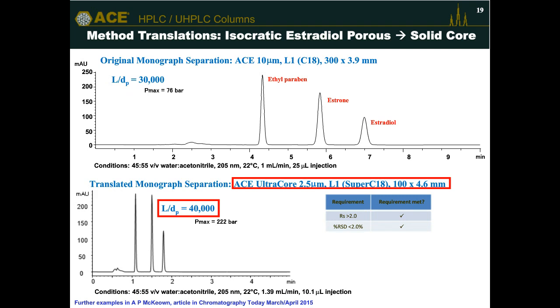And that's what this length to particle size ratio is really telling us. We've got a higher efficiency here. So both of those methods could be considered and still stay within the required USP specifications, so our resolution and our percentage RSDs. Again, just consider any negative effects of band broadening if you are going to the small column format.